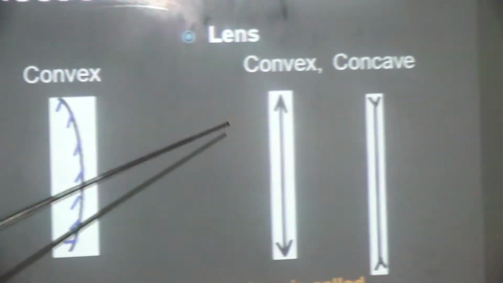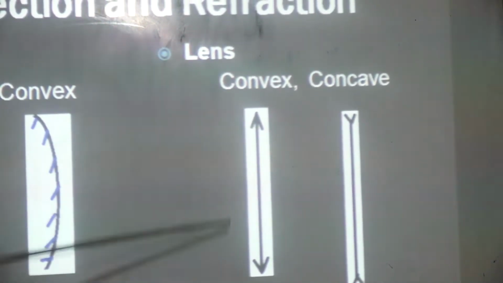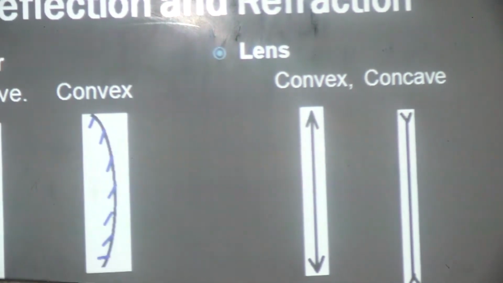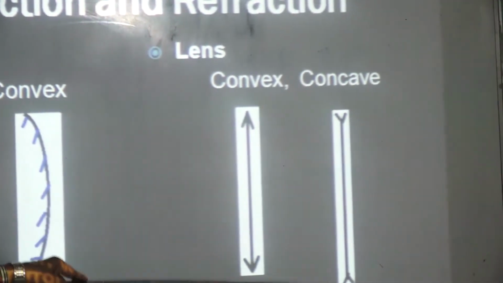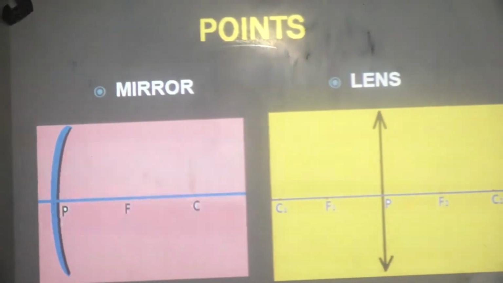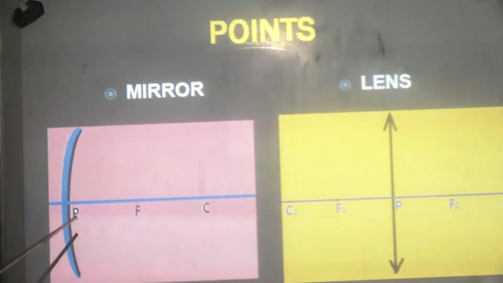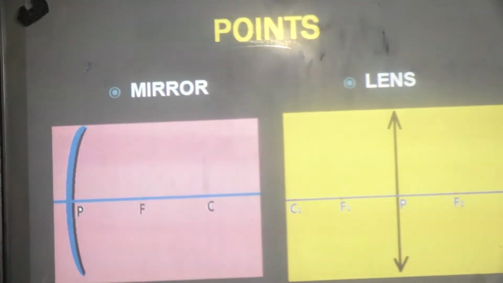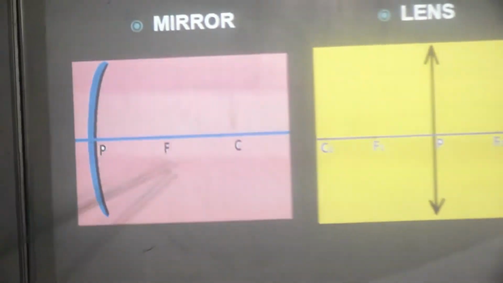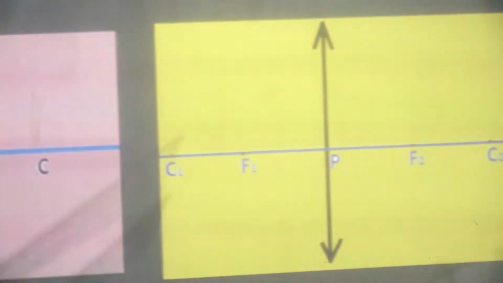In case of lenses, this is the biconvex lens. This is the notation we use for drawing the diagrams, and this is the concave lens. Right. Now, let us see the points we have to remember in the mirror or lens. This is the point P, called the pole, and the same in the lens also.